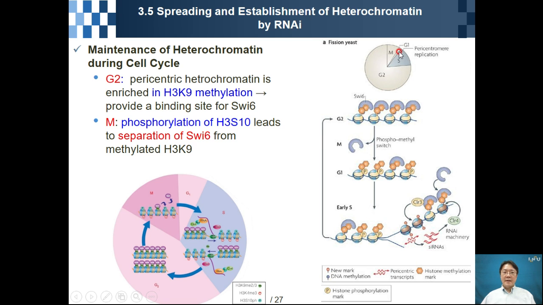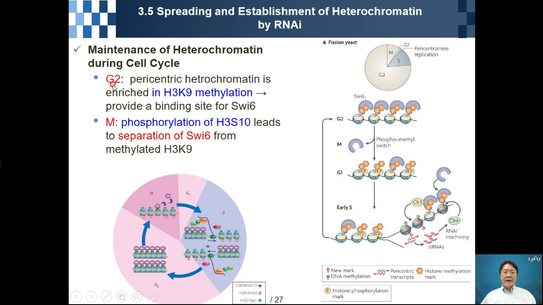Okay, so let's start. In fission yeast, G2 phase comprises 70% of the cell cycle. So let's start from the G2 phase. During S phase, DNA is synthesized and one chromosome becomes two chromosomes.